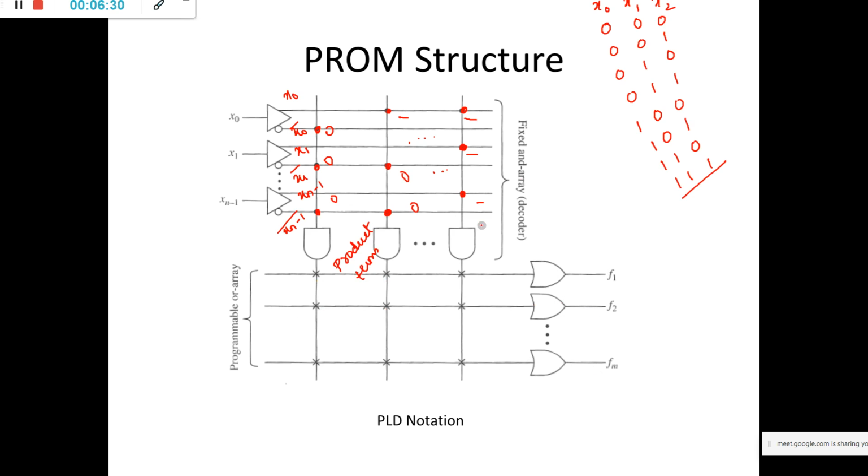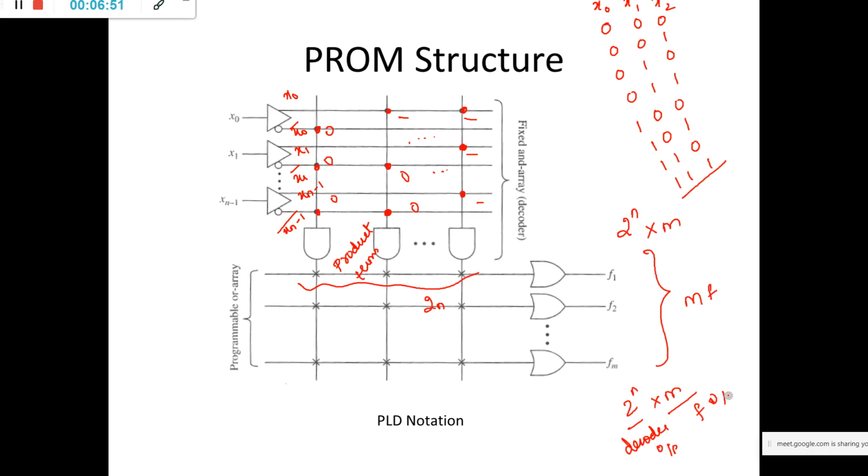How do we categorize this PROM? 2 raised to n cross m. Here we have 2 raised to n, the decoder output, and here we have m functions, the F output lines. This is how we study the PROM structure.